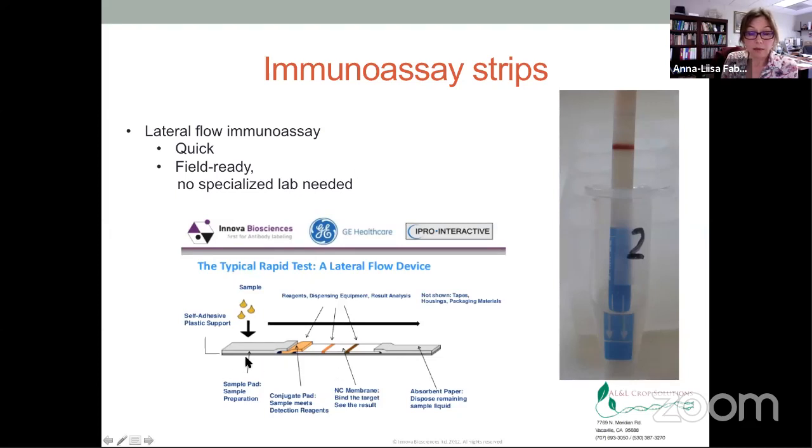Here is a slide that I got from the internet, showing what kind of antibody is actually bound here. Your sample extract moves along in this lateral flow device from one end to another.